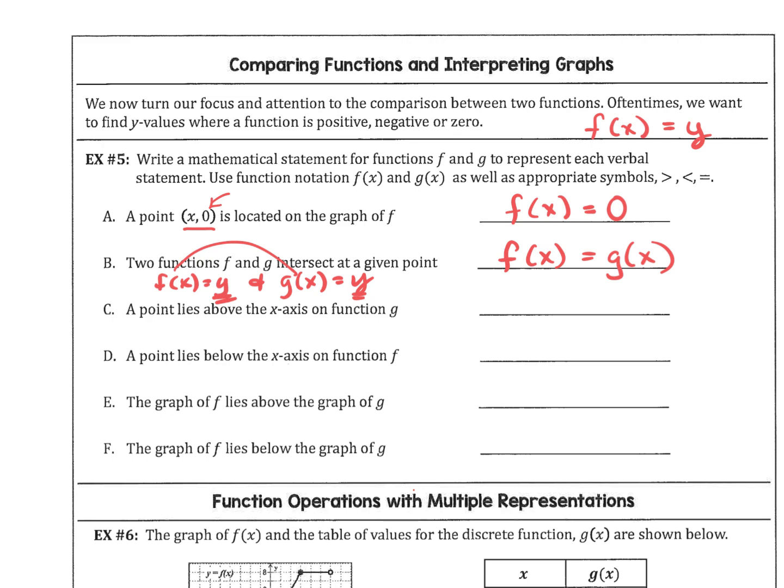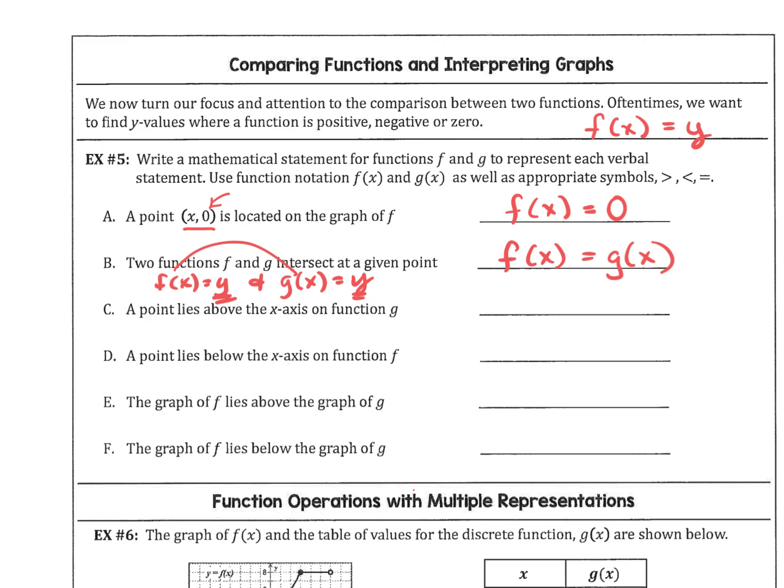A point lies above the x-axis on the function of g. If it's above the x-axis, what does that tell me? Above and below, is that an x value or a y value? It's a y value, isn't it? So what is it telling us about the y value if it is above the x-axis?